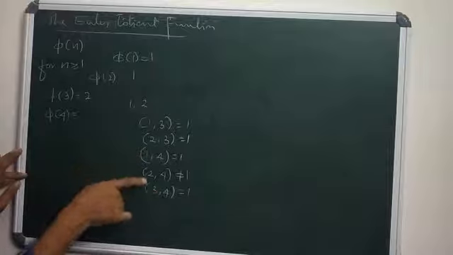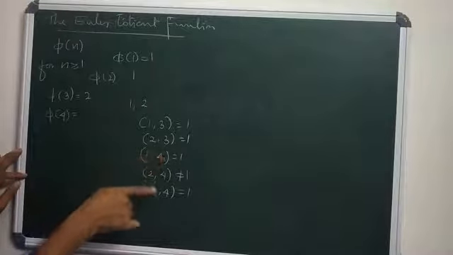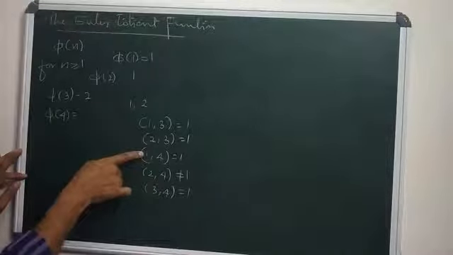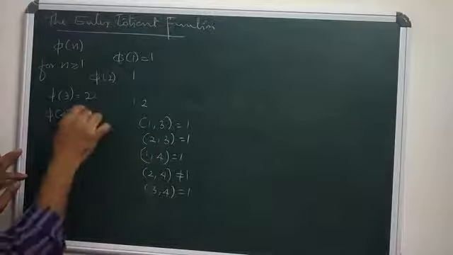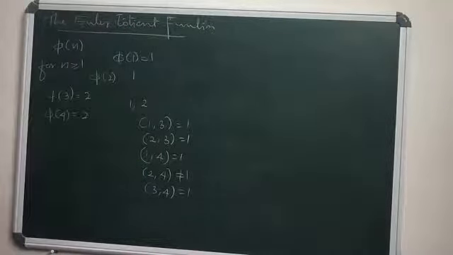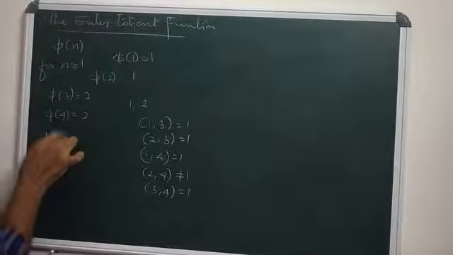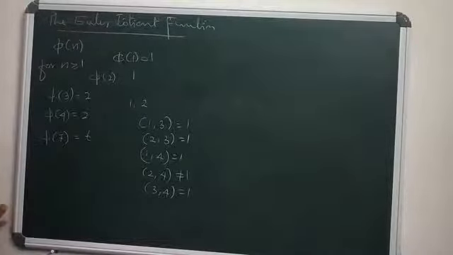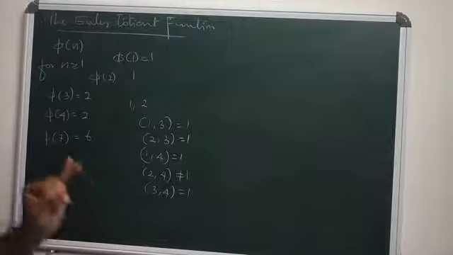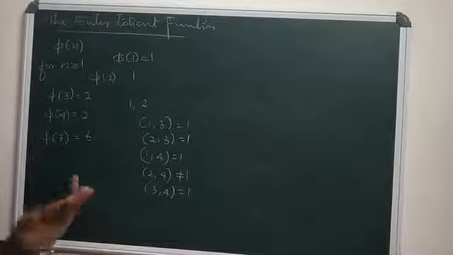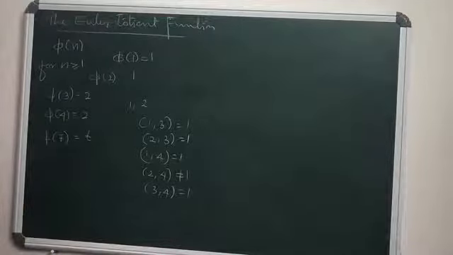There are 2 such positive integers, which are 1 and 3. So phi of 4 is 2. What is phi of 7? Phi of 7 is 6. Why? Because 1, 2, 3, 4, 5 and 6 are less than 7 and relatively prime to 7.